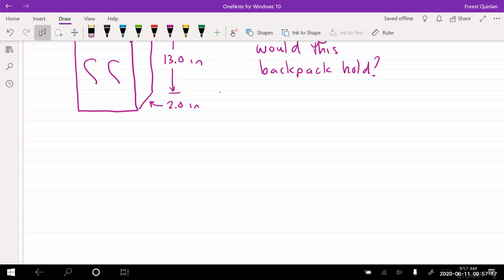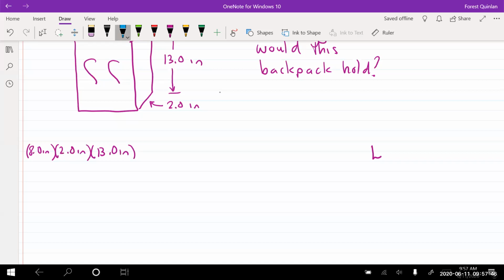So here's what we're going to do. We're going to remind ourselves that we're going to liters, and we're going to start with the original volume. I understand, Frank, that you already multiplied these out and you got 208 for the inches cubed, but I'm not going to do that. I'm going to start with the 8.0 inches times the 2.0 inches times the 13.0 inches.